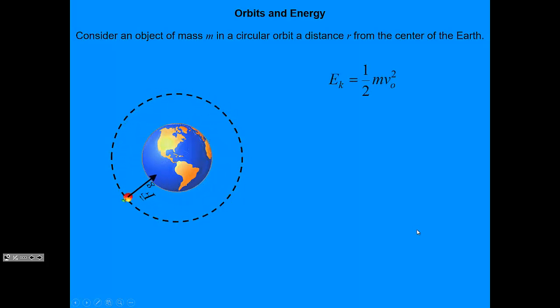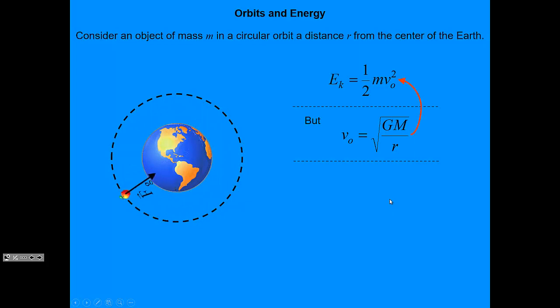Now, in terms of energy, since it's moving, this apple would have a kinetic energy equal to 1/2 mVo squared, where Vo is the orbital speed of the apple. In a previous video, we derived an expression for the orbital speed of a circular orbit, which was the square root of big G M over r, where M is the mass of the thing being orbited, in this case the mass of the Earth, and r is the radius of that orbit, the distance from center to center, essentially.